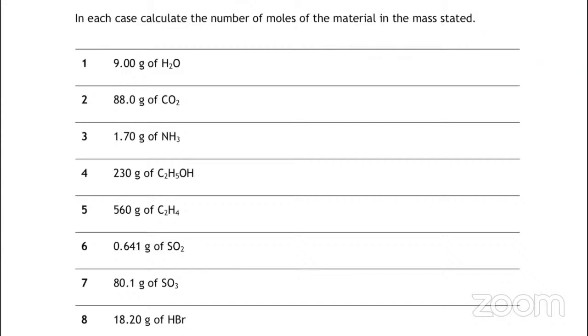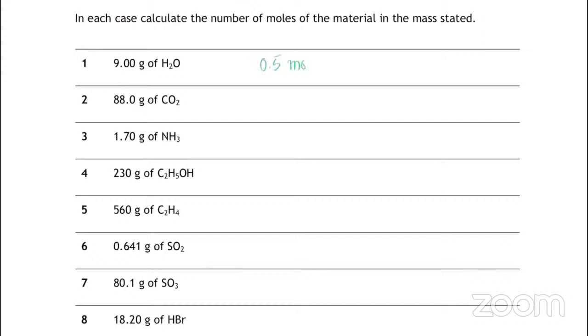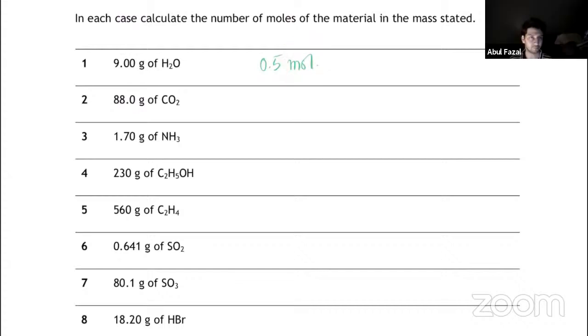The first one is 0.27. What's in the background? It shouldn't be 0.27. I think it's just 0.5 moles. Guys, do not forget to write moles in front.